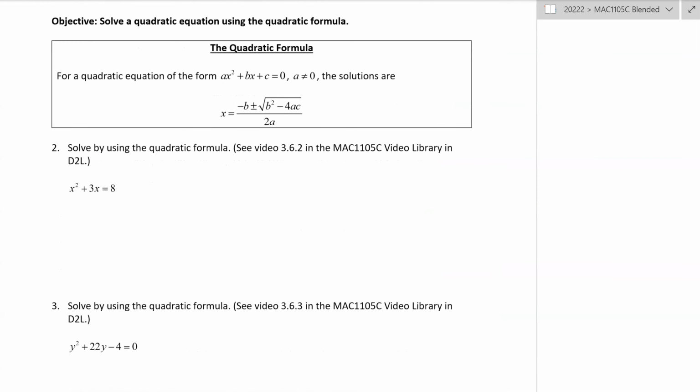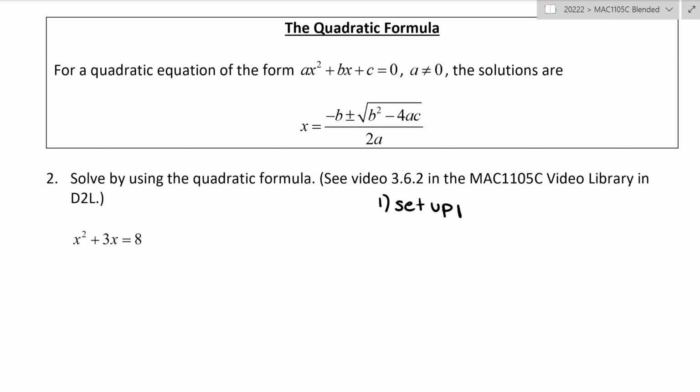All right, so now let's practice. The first thing we need is the right setup. So first we need to make sure it's set up properly. So that's ax squared plus bx plus c equals 0.